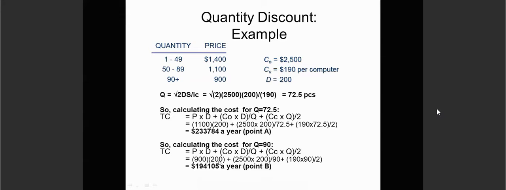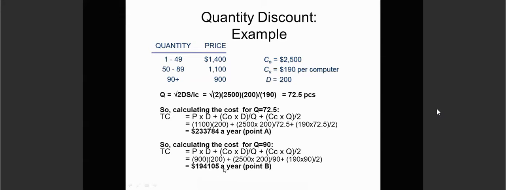So we have the fixed cost of, sorry, 180,000. And for the ordering cost and the carrying cost, 2,500 multiplied by 200 divided by 90 units, plus 190 multiplied by 90 units divided by 2. So we have 194,105.